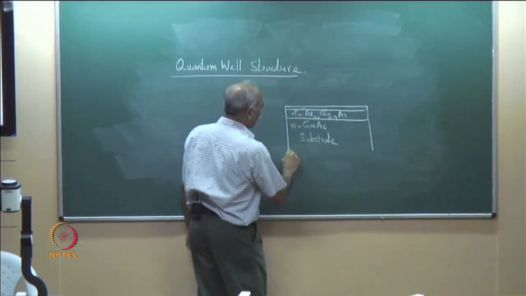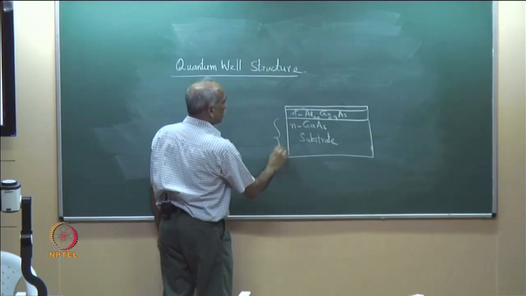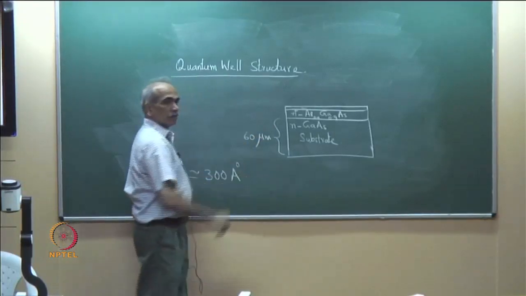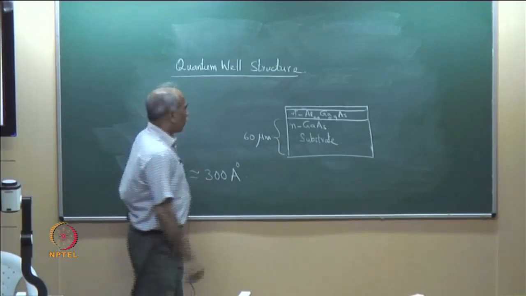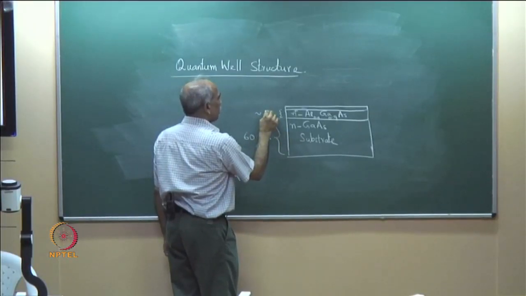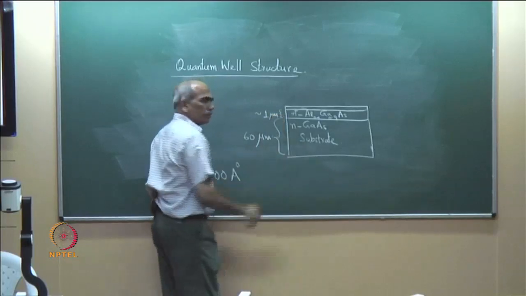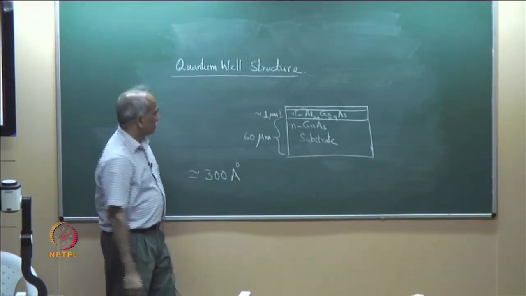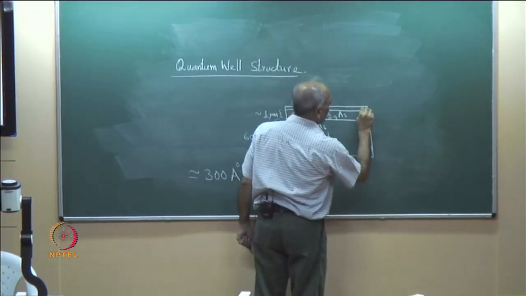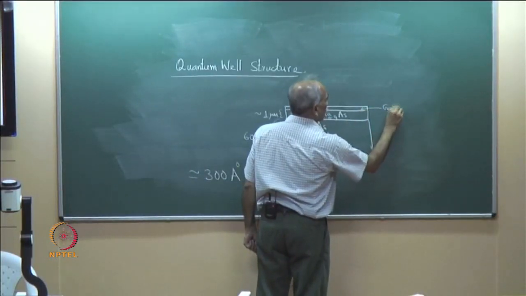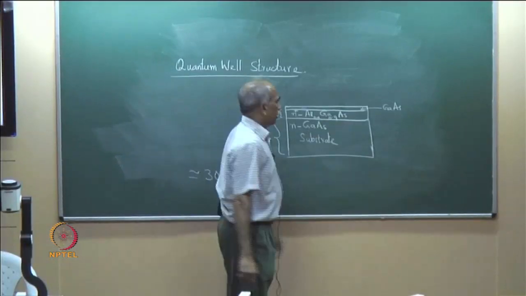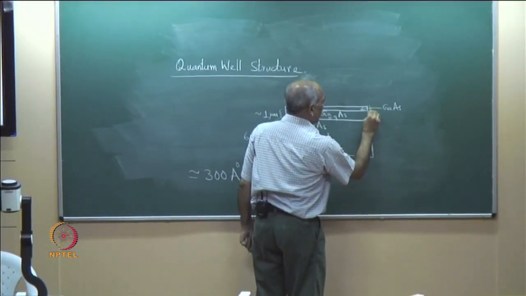Let me put some typical numbers. The substrate is generally anywhere from 60 to 100 micron, so let us say 60 micron. This is not to scale. On top of this you grow a layer, generally 1 to 2 micron, so let us say 1 micron. And on top of this we grow a thin layer of gallium arsenide, intrinsic or lightly doped p or n.